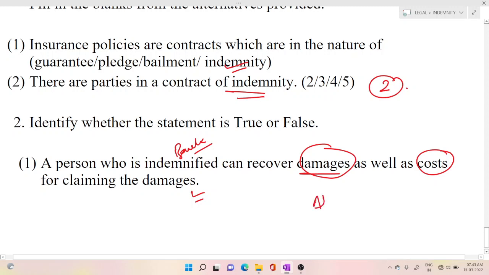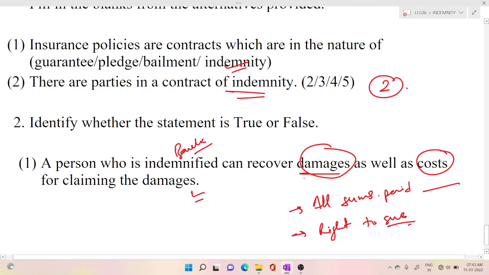Those are all sums that are paid in compromise. Okay, compromise. And the last one is the right to sue, okay, for specific performance. Those were the rights of the indemnity holder.